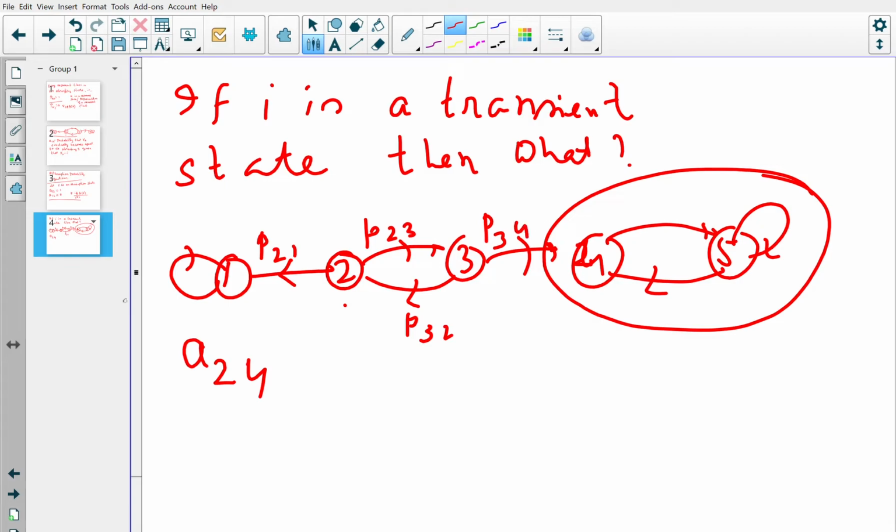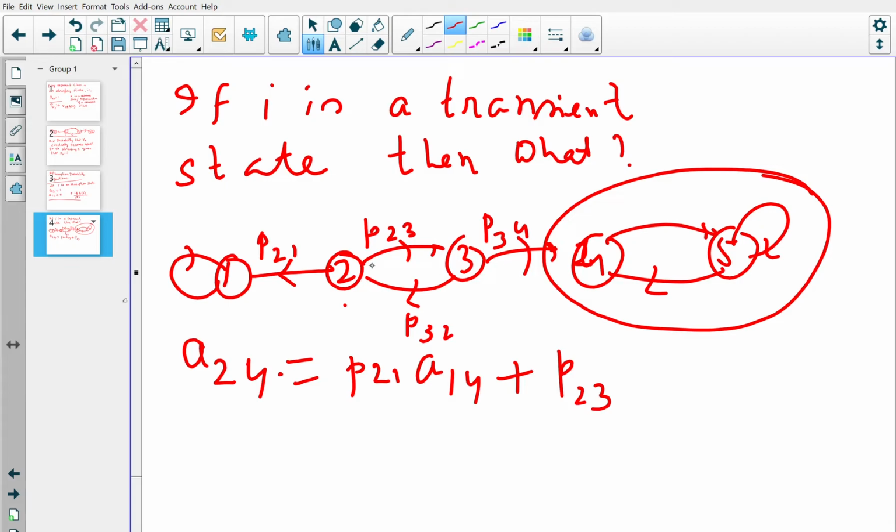So if you start at 2, then you have two options. Either you can go to 1 with probability p21, or you can go to 3 with probability p23. Now once you are in 1, you can ask what is the probability that you go from 1 to 4. So you can write p21 into a14, the probability of going from 1 to 4, plus the other part, using the total probability theorem, p23 and you end up with 3.